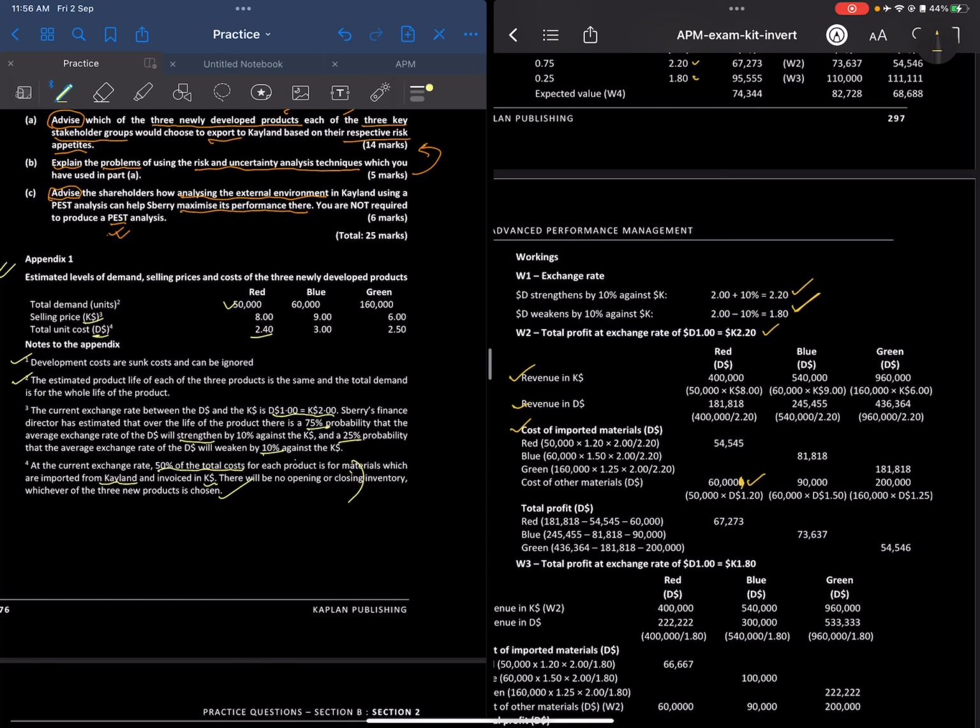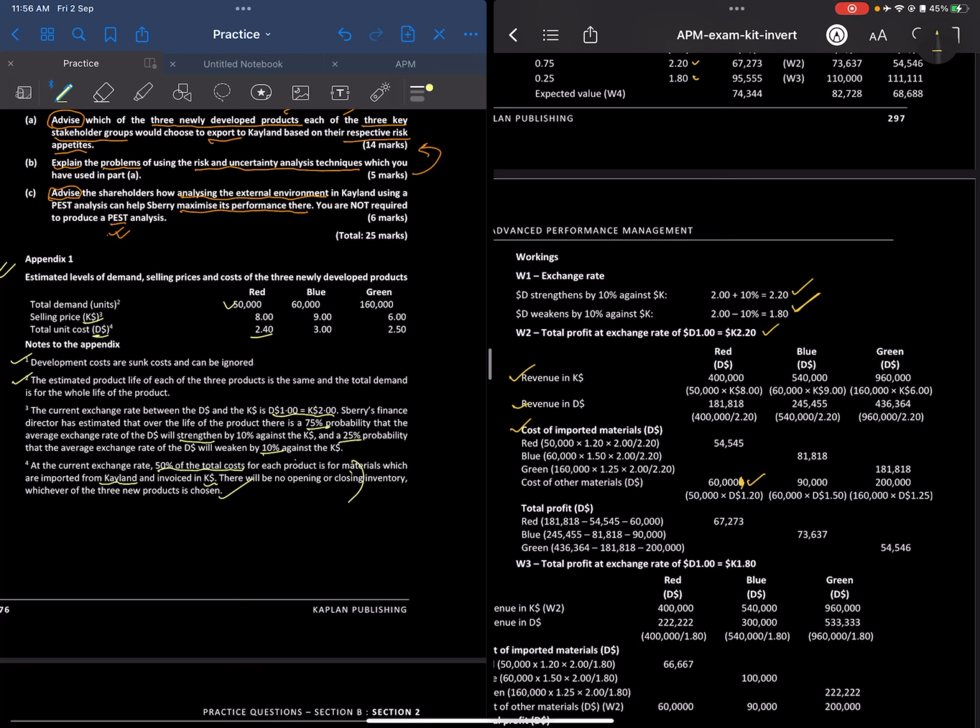And then what about the cost from imported materials? So 50,000 times 1.2 is the half of the import cost, right? So that's the total import cost. And how much are we paying them? How much is it costing us?